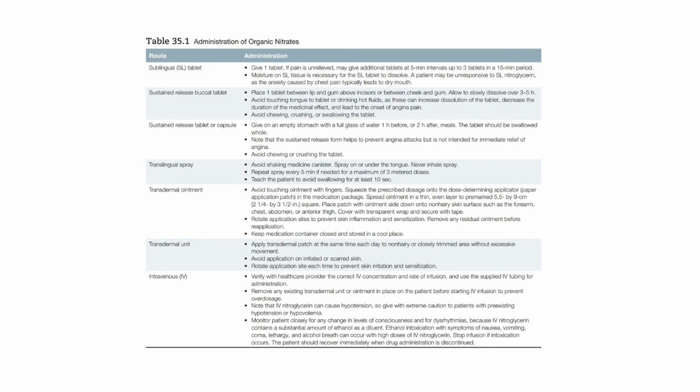So intravenous nitroglycerin is started, and it's slowly titrated up. This is usually very, very close monitoring, and the drug is titrated up gradually. And really what we're watching for is hypotension.